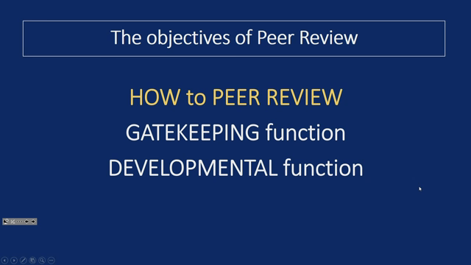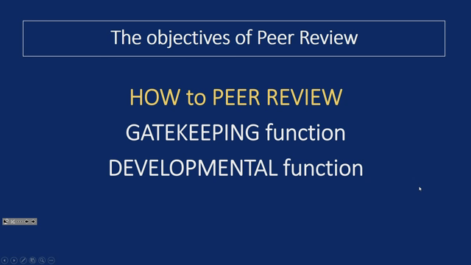But more recently, a new approach to peer review has been described, according to which reviewers also serve developmental functions by providing suggestions for improving a manuscript. So both the gatekeeping and developmental functions may actually have downsides.